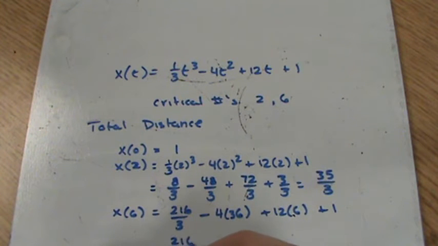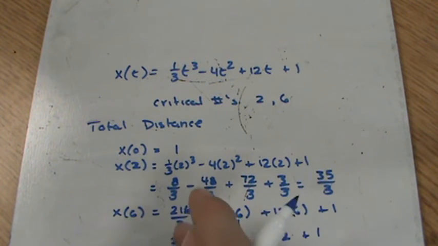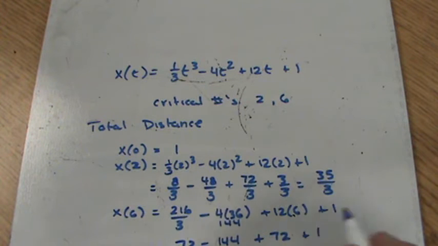All right, so we got 216/3 minus, this is 144 plus 12 times 6 is 72 plus 1. This is actually 72 as well. So here, this actually just gives us 1.